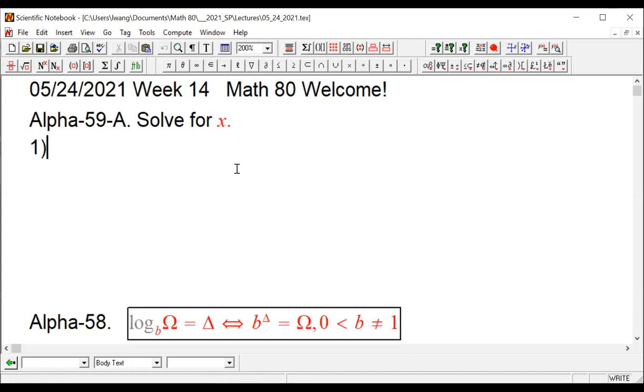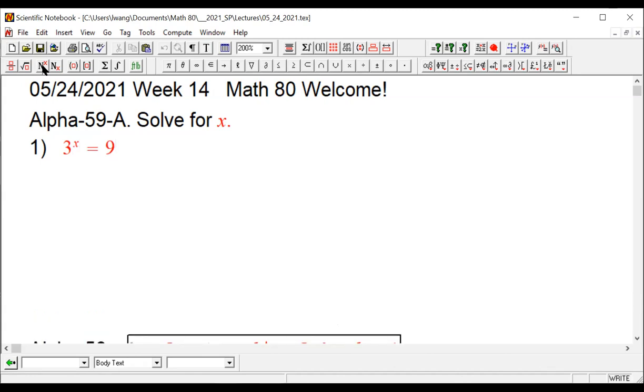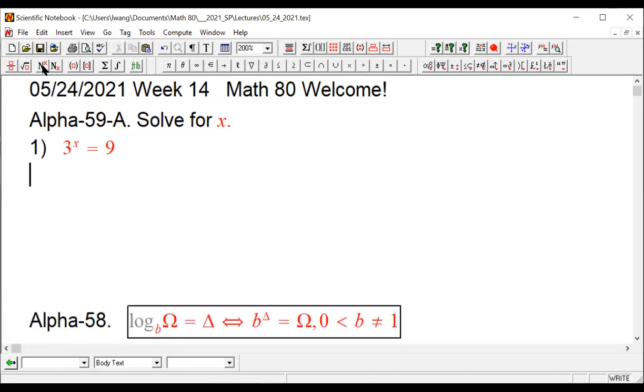The first one: 3 to the power of X is equal to 9. It's an if statement. If 3 to the power of an unknown number is 9, what should X be? What could X be? We can solve this equation in multiple ways.